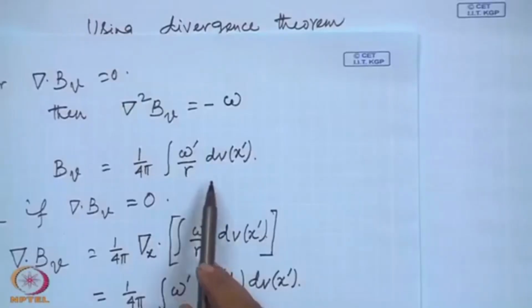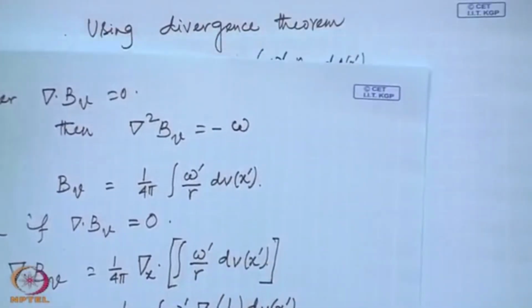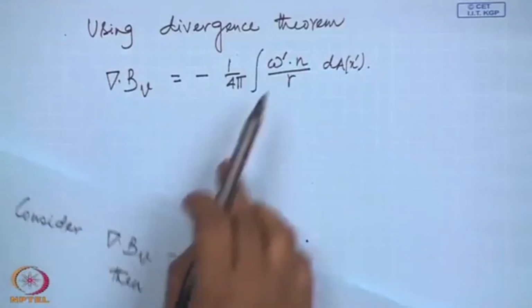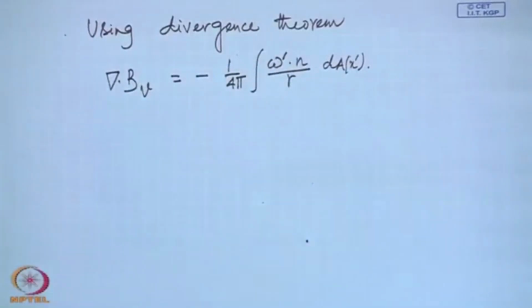but we have obtained this solution assuming divergence of B is 0. So, under what condition can this be 0? This is possible if the fluid at infinity is at rest.